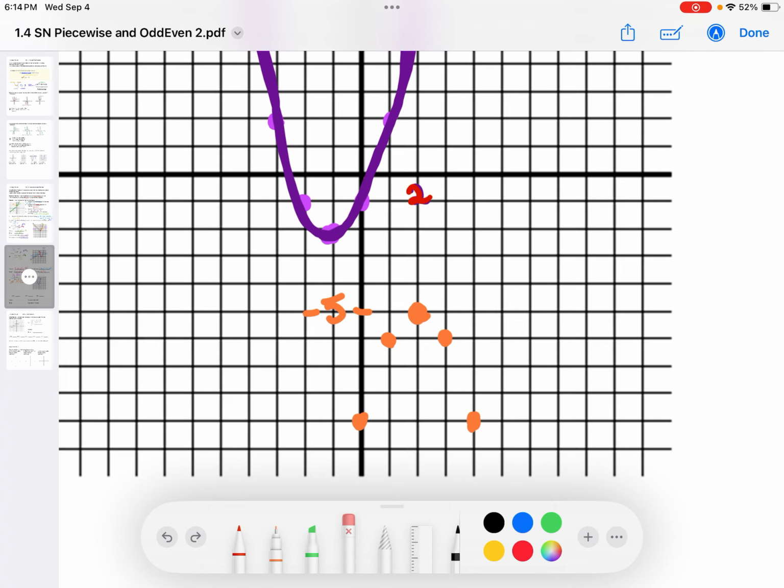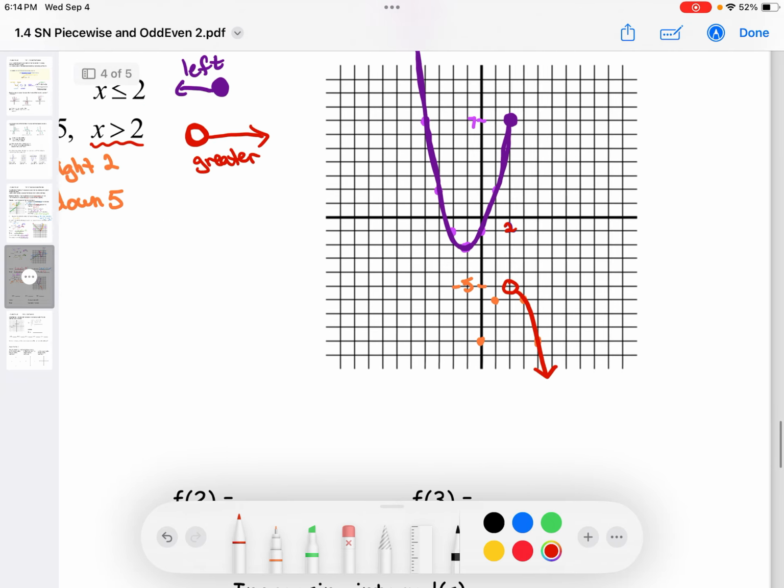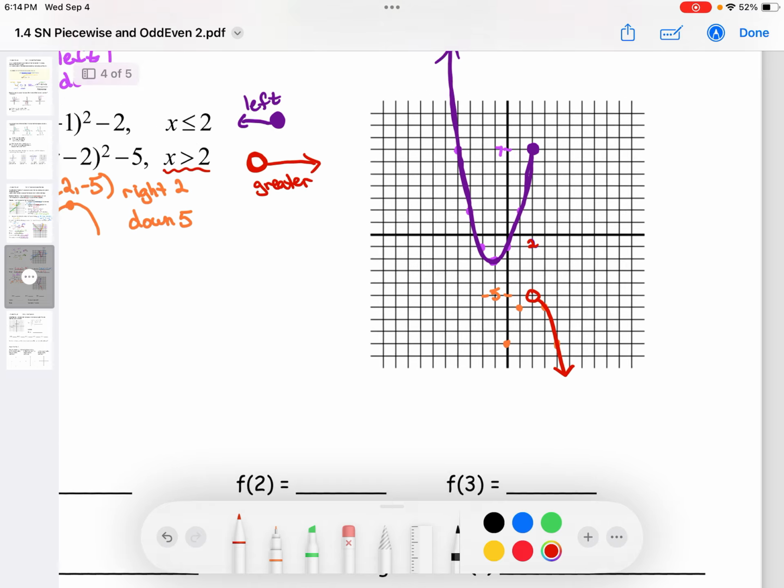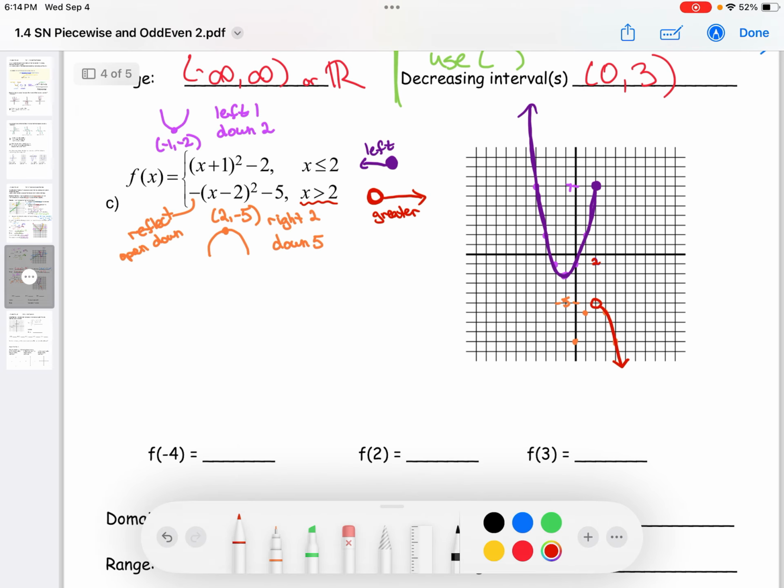So it won't always be. That 2 on this piece needed to be an open circle, so I'm going to erase it and make it open. So from here, we needed to go to the right, so we will follow this to the right. And here is our piece.